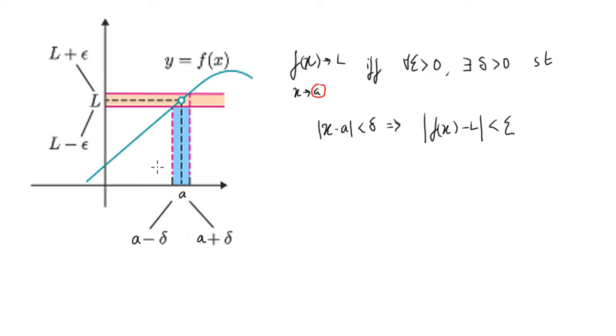Essentially, for any non-zero distance away from the input, that non-zero distance being delta, there is a corresponding output value within a certain range from L, no matter how small this distance is.